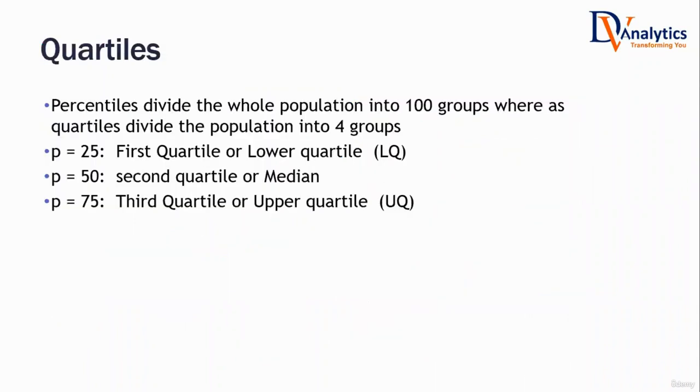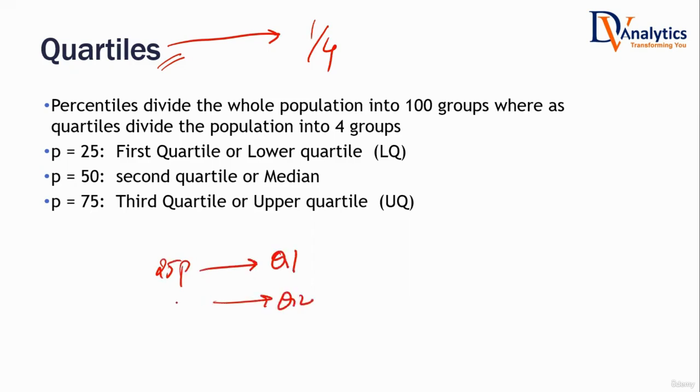Okay, let me complete another connected concept, which you have already worked on: quartiles. We have discussed percentiles. There are some special numbers within percentiles, known as quartiles. Quarter is 1/4. So the 25th percentile is known as quartile 1. What will be quartile 2 in that case?